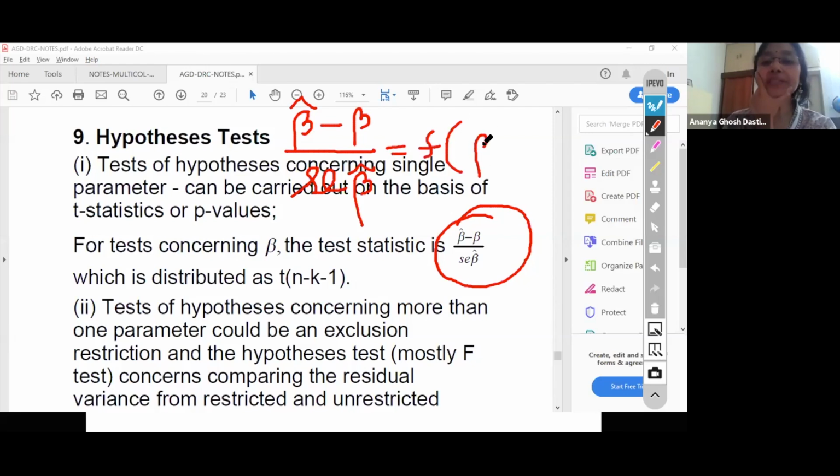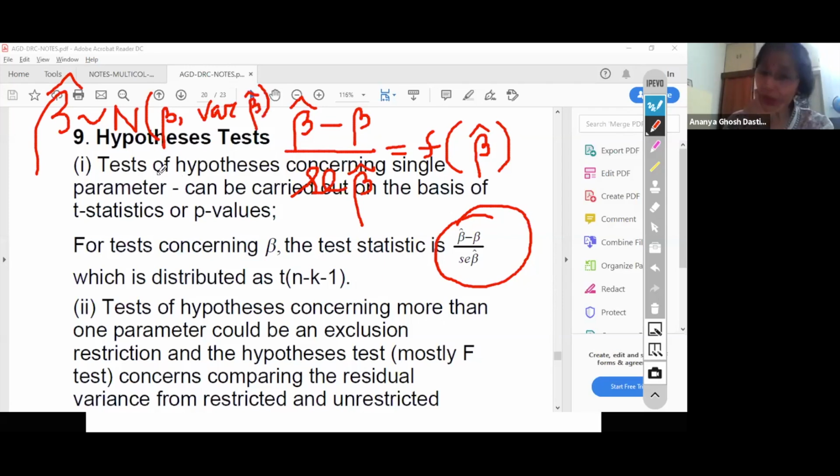And because it depends on beta hat, it's also a random variable. Now, remember, the beta hats are normally distributed. We can say that. The beta hats are normally distributed with mean beta and with some variance. Because of that, this particular character, beta hat minus beta upon standard error of beta hat, follows a t distribution with the same number of degrees of freedom as the regression.